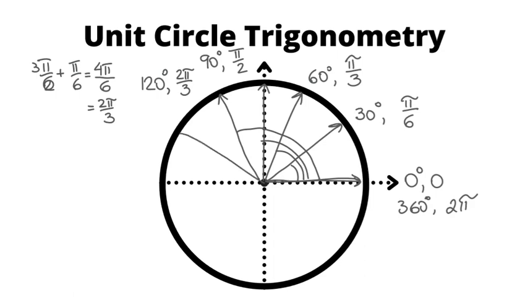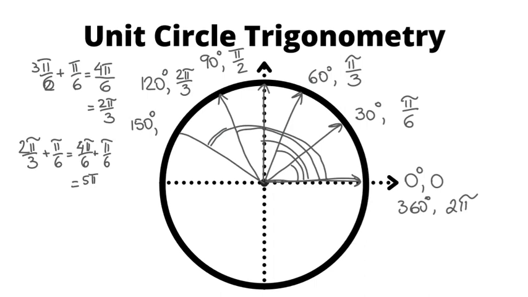What about this angle here? If we go all the way from the standard position to this angle, we're adding another 30 degrees, 150. And what is it going to be in radians? Let's see. So we'll add another pi over 6 to 2 pi over 3 now. 4 pi over 6 plus pi over 6 will be 5 pi over 6.